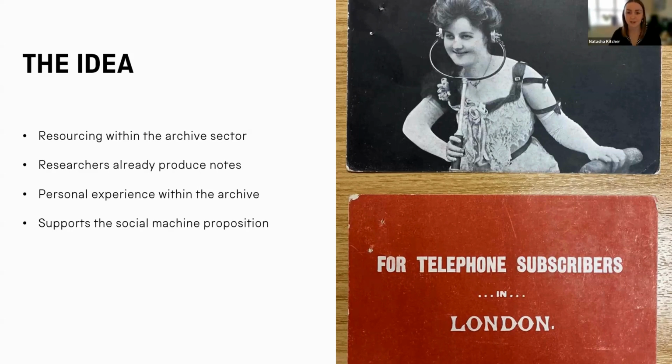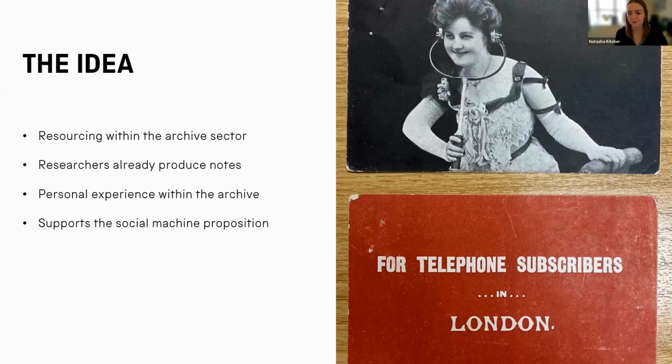So I studied an object called the electrophone, which you can see in use here. I researched it for the PhD, and then I took a placement with BT where I enhanced the electrophone records. This involved manually creating catalogue descriptions, which meant I went back to files I had already read and redid some of the notes.